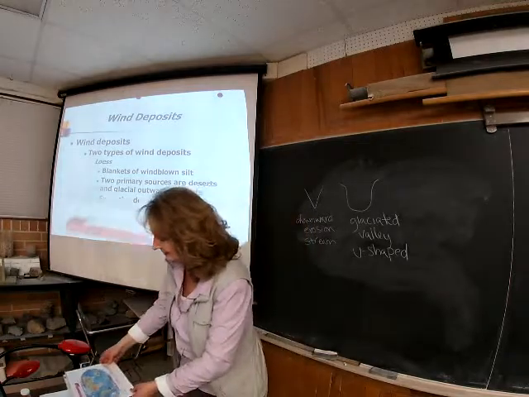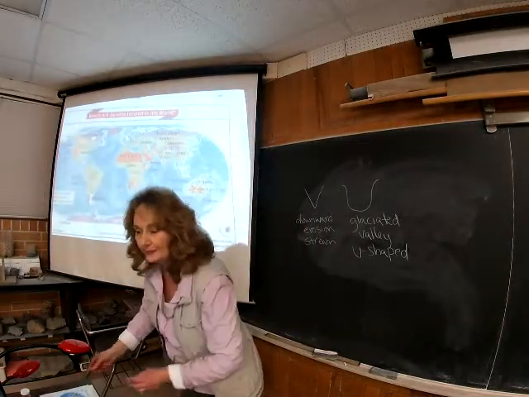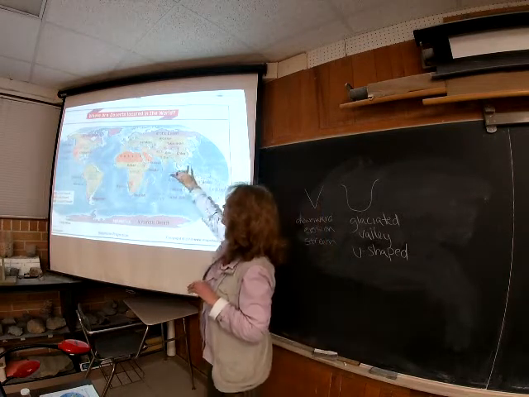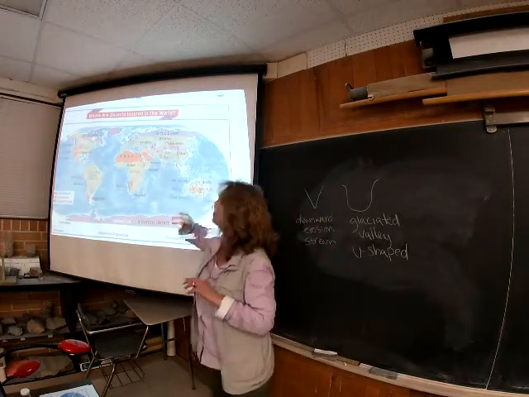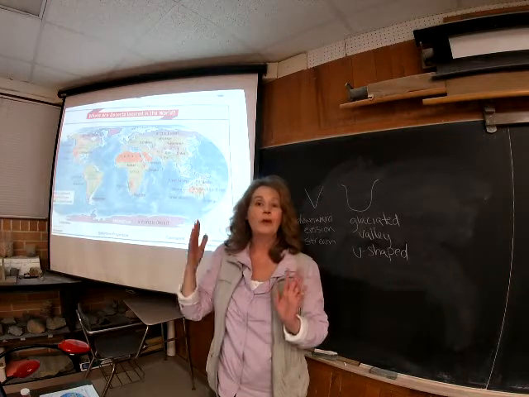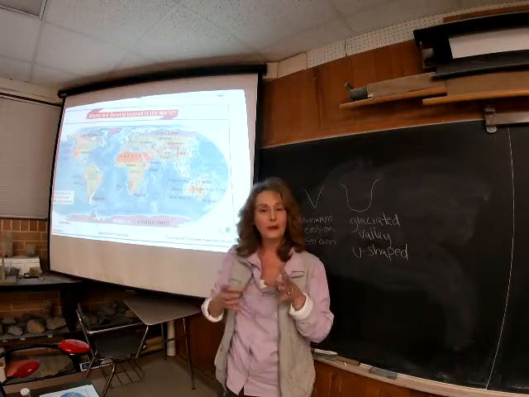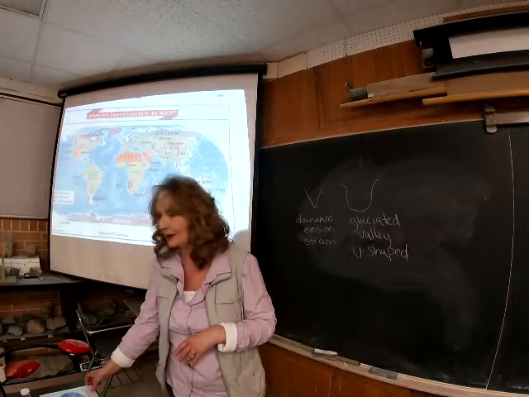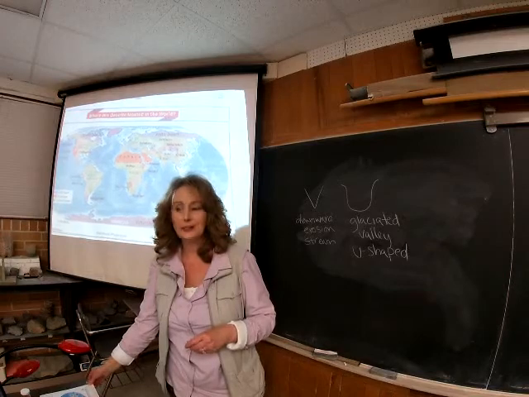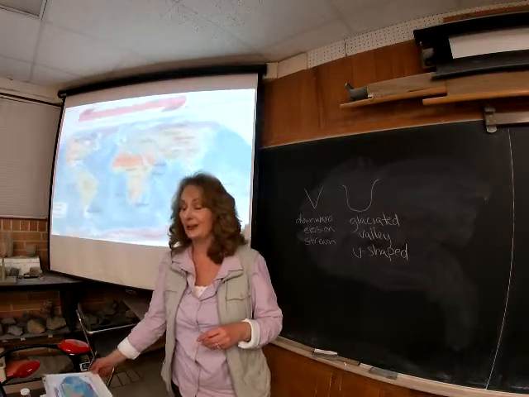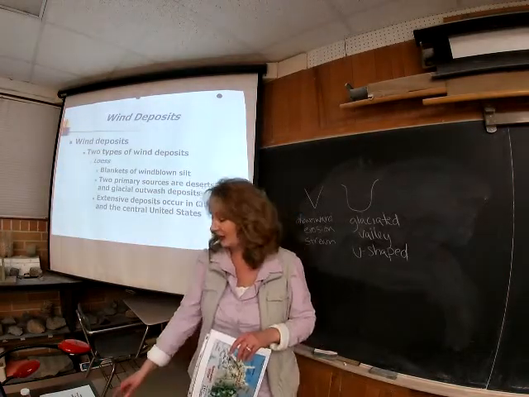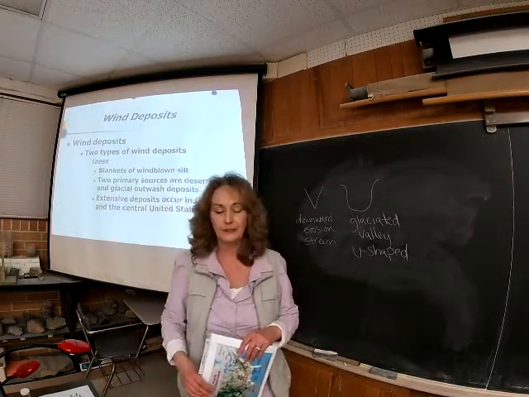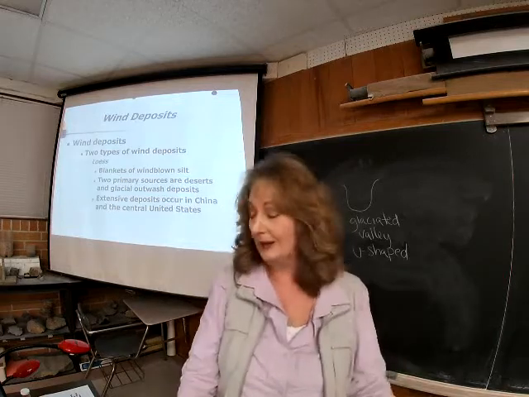So here, these are the deserts of the world. And out here in China, Gobi Desert, and that region there, all that wind-blown material coming from the desert is the origin or the source in China. So western and northern China, that's where the most extensive loess deposits are located, right?